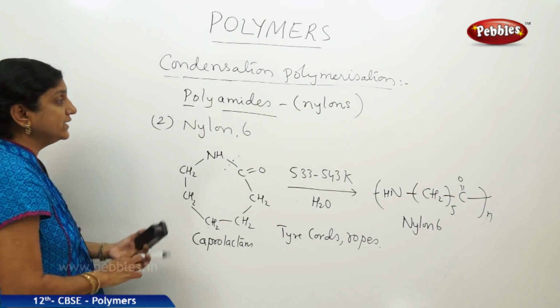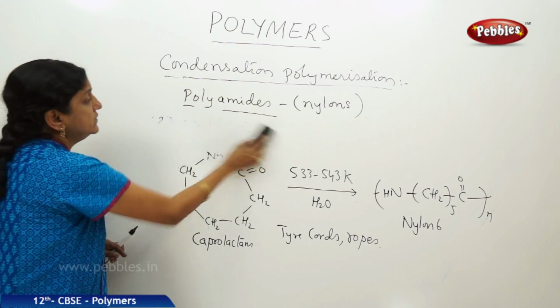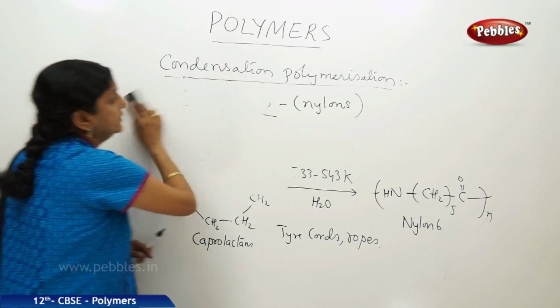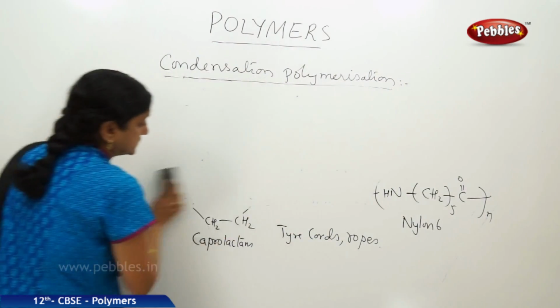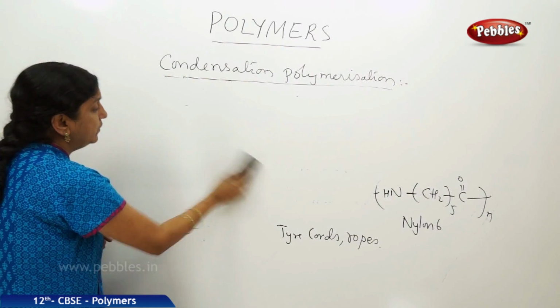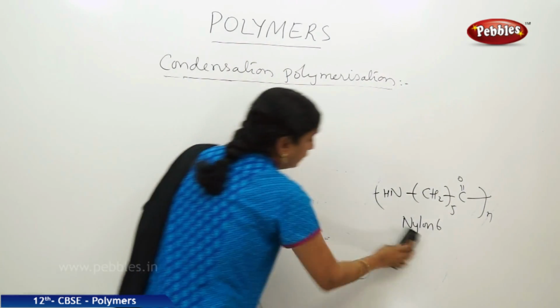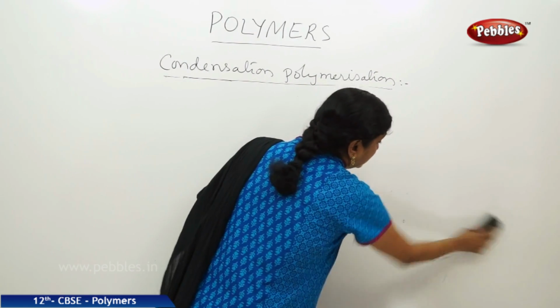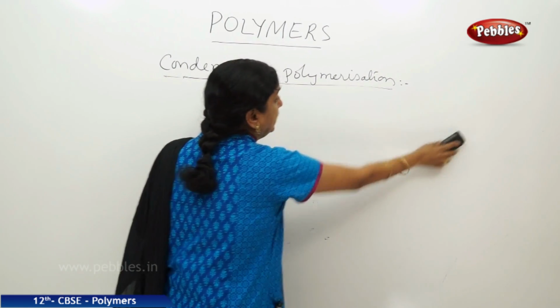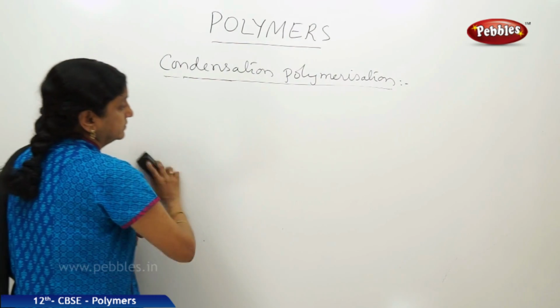Let us go to the next category then of condensation polymers, that is polyesters. So polyamides and polyesters are condensation polymers. We have talked about polyamides. Now let us talk about polyesters.